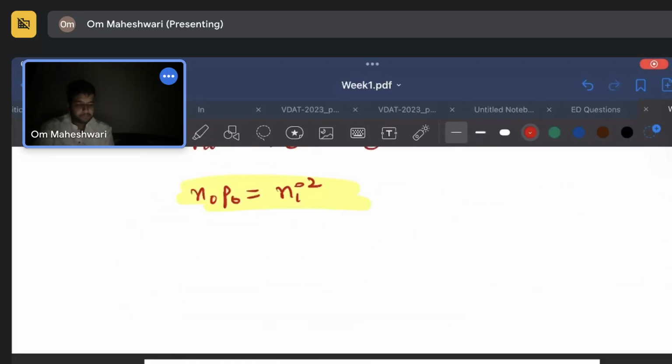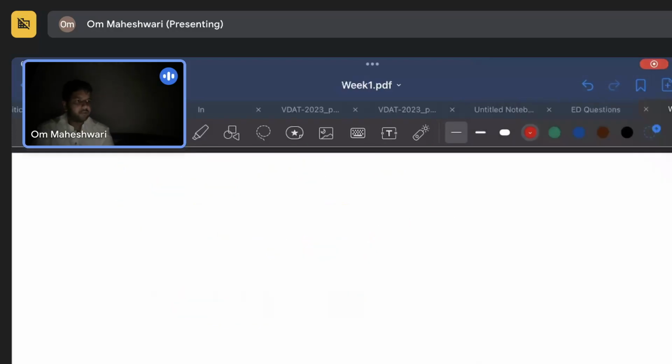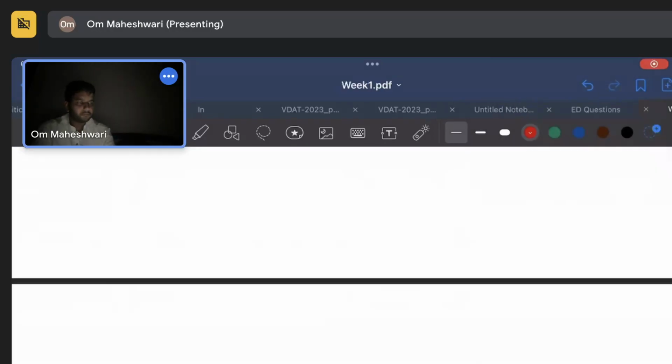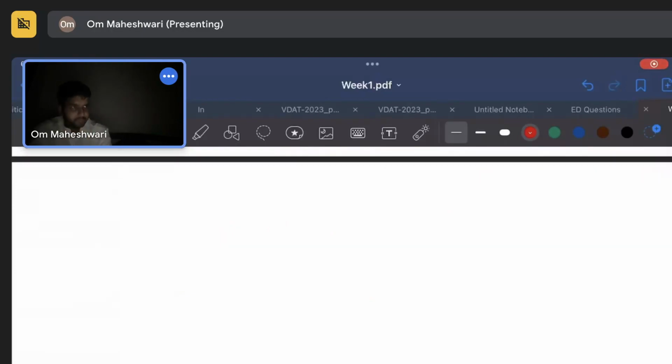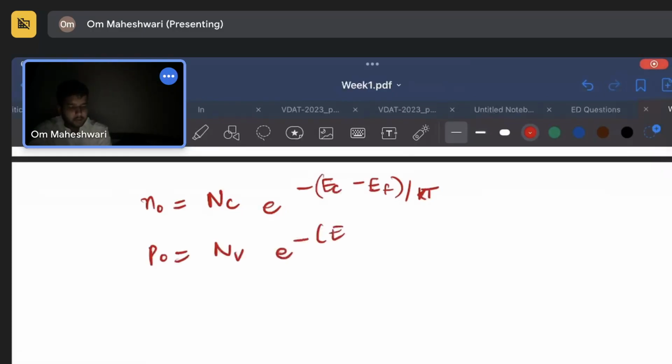Now we know n0 equals Nc e to the power minus (Ec minus Ef) by kT, and p0 equals Nv e to the power minus (Ef minus Ev) by kT.